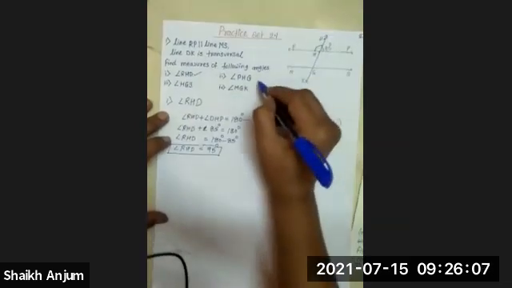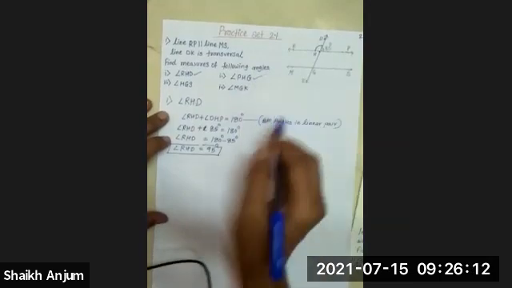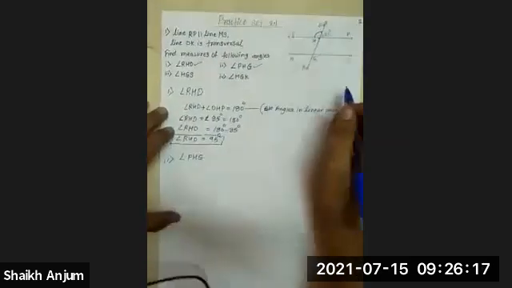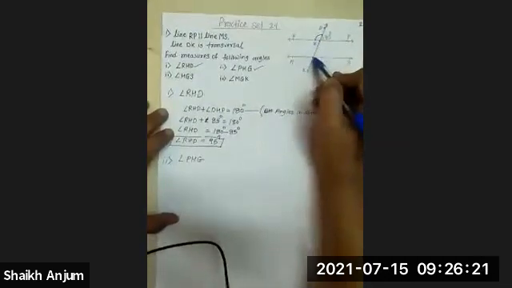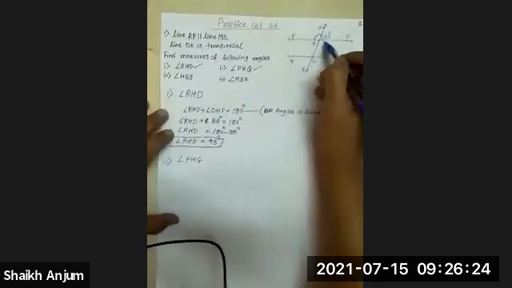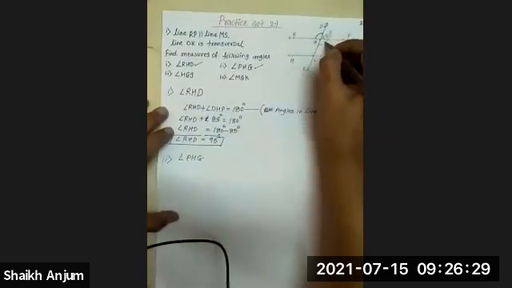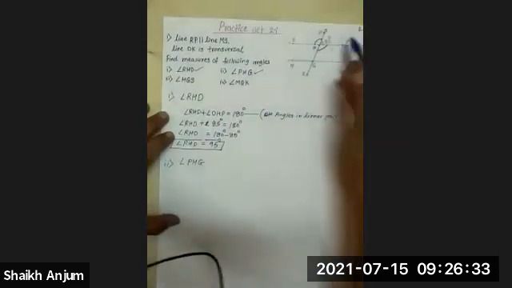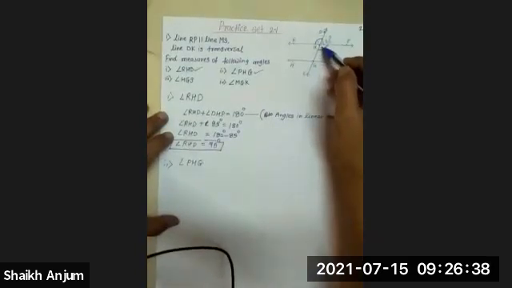Now second, we will find angle PHG. See here, where is the PHG? This angle, that means this one. Now here you can also use two properties. This pair is a pair of vertically opposite angles.